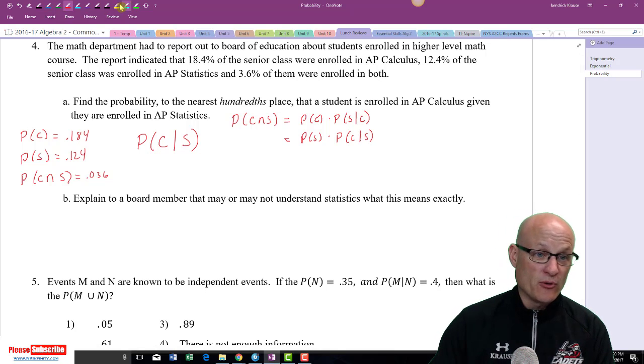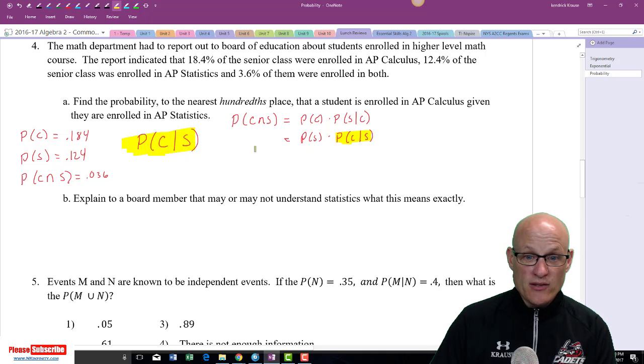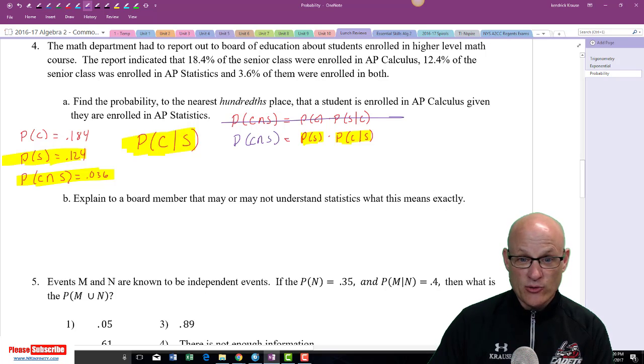Now, what are we looking for? We're looking for this one, and that's in here. So in order to figure out what this is, I have to use this one and this one. I know the probability of calculus and statistics, so we're not going to use the other formula.